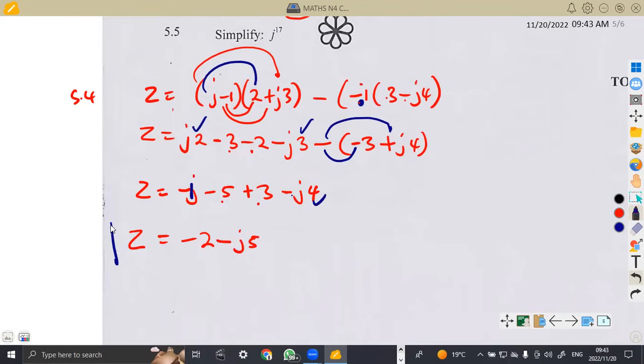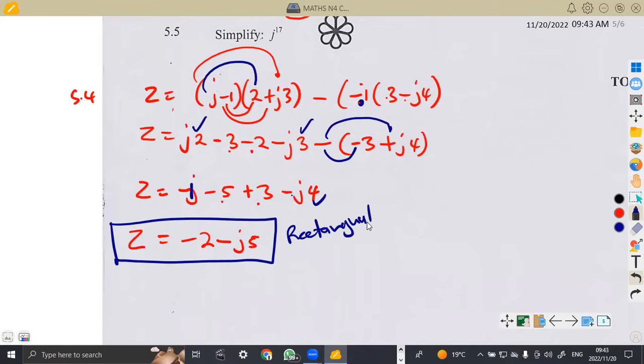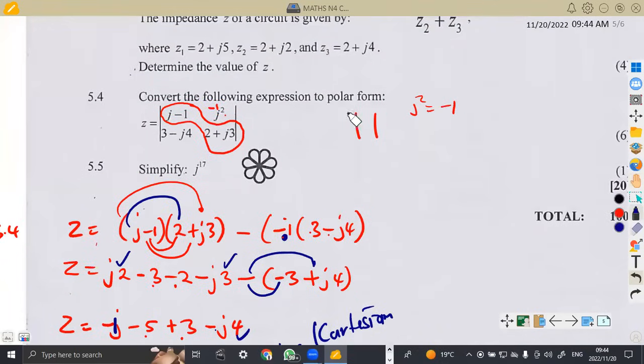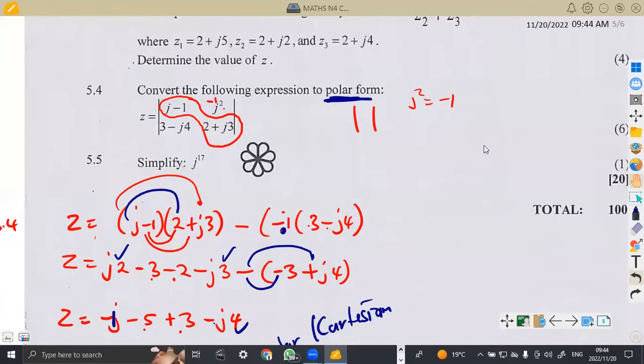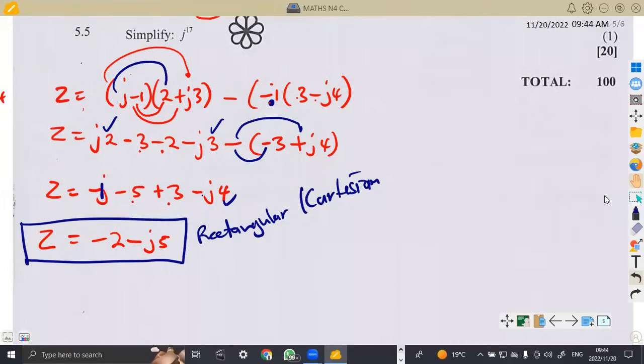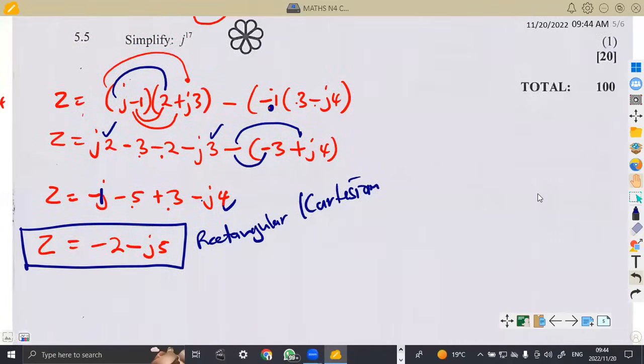Okay, so this is our Z, but this Z is in rectangular form. This is the rectangular format, or the Cartesian format. Remember, I talked about this. But the question is asking for the answer in polar form, so we are supposed to convert back to polar form. How now are we supposed to convert this? Remember, to convert to polar form you definitely need the Argand diagram.